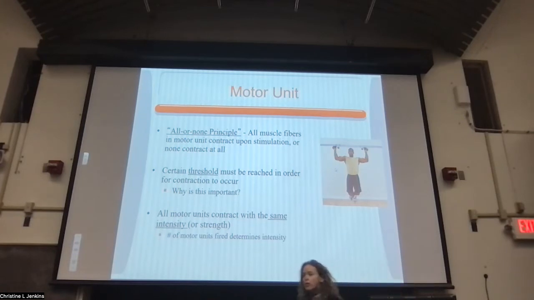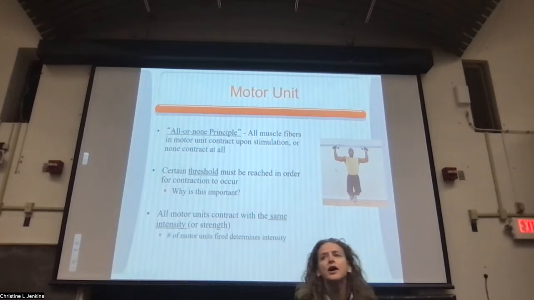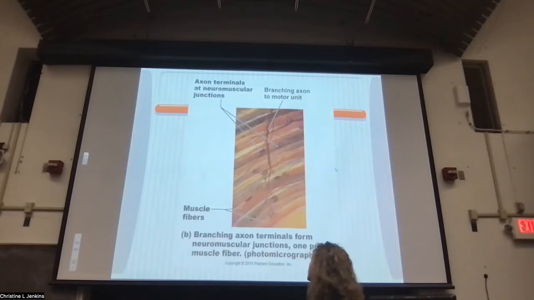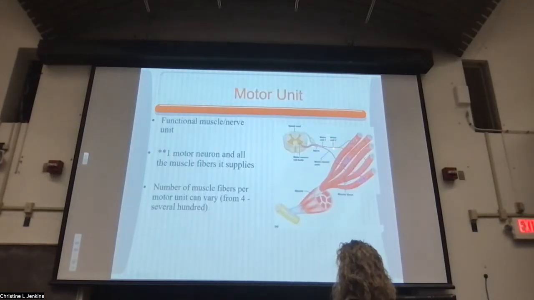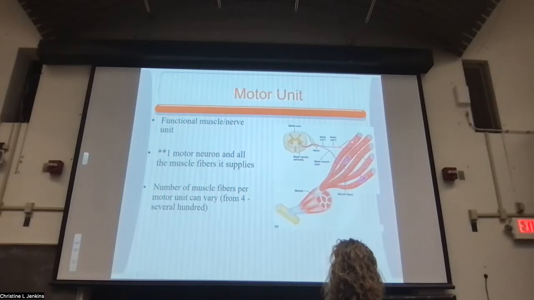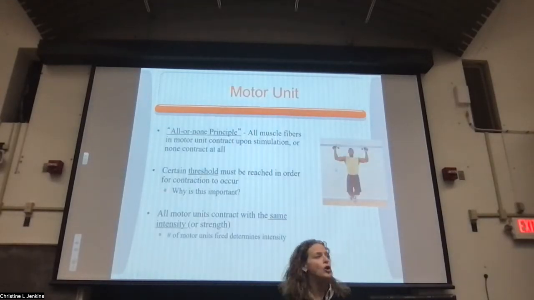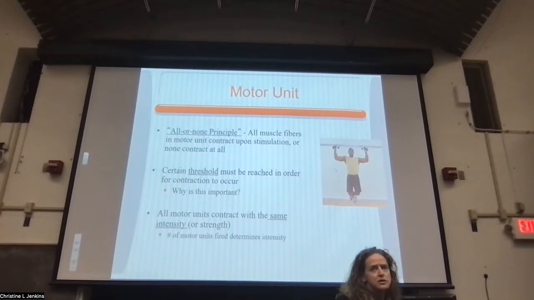Now, these motor units are very rule bound. So within a motor unit, remember, we're talking about a nerve and however many muscle fibers those nerve endings supply. So let's just say we're talking about the red one. If we're talking about the red motor unit, the unit of this one red nerve and the 3 muscle fibers it supplies, it is an all or none proposition.